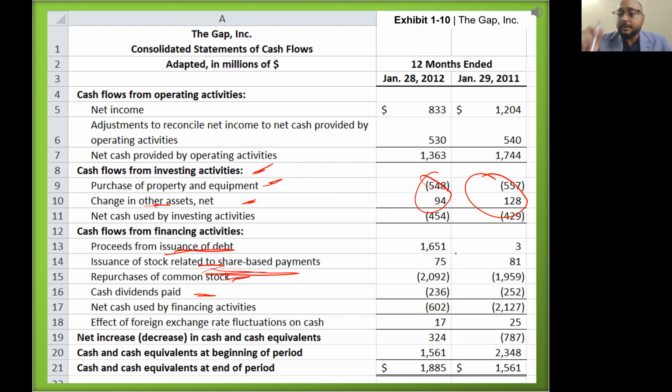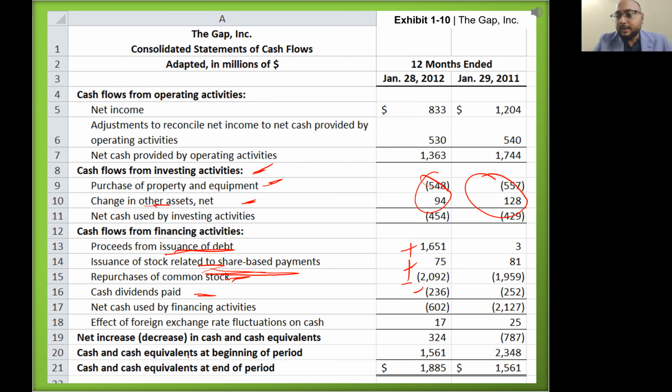Dividend is going to be negative because it is an outflow. When you issue stock, you receive money. When you issue bonds or receive loans, you receive cash. That's why it's a positive sign. Payments are a negative sign. And that's it.